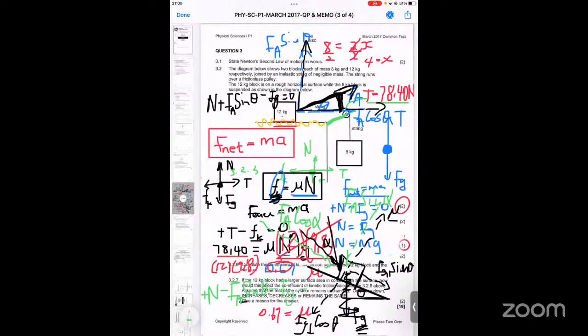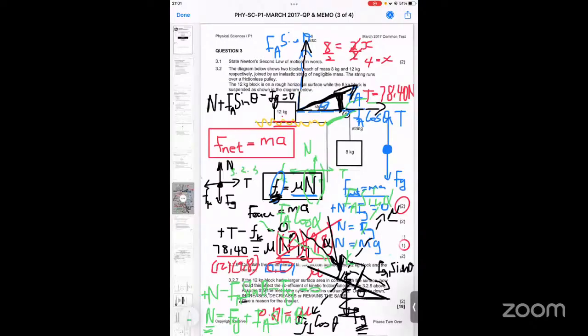Then you make N the subject of the formula, which will be N equals Fg plus F applied sine of the angle, which is what you substitute as your N.